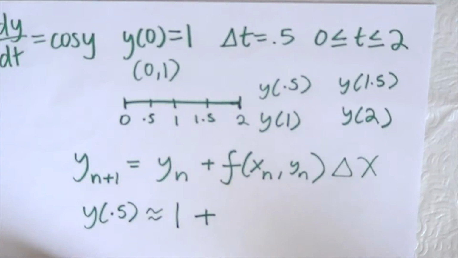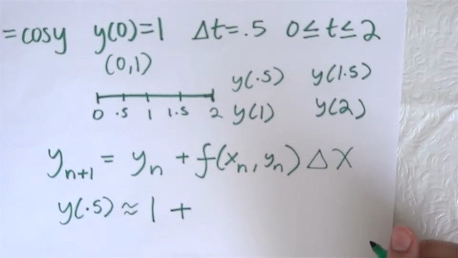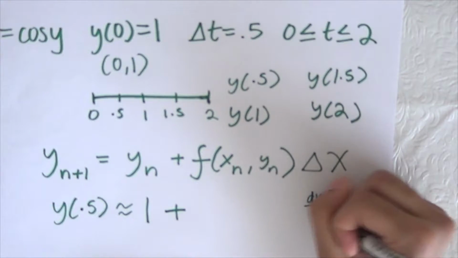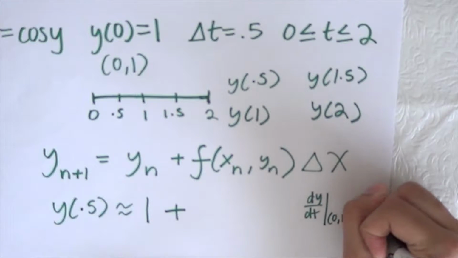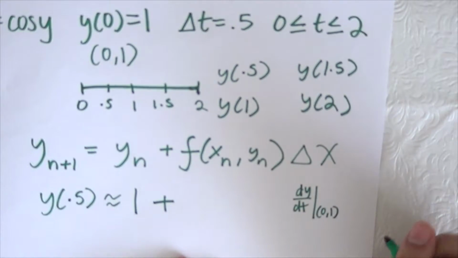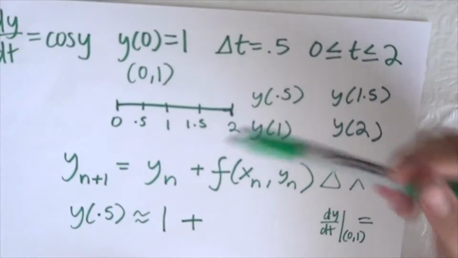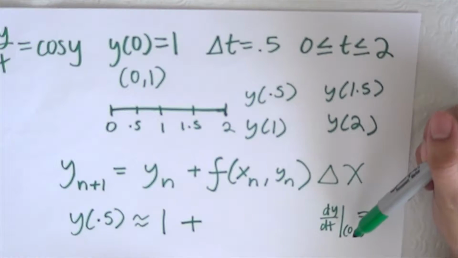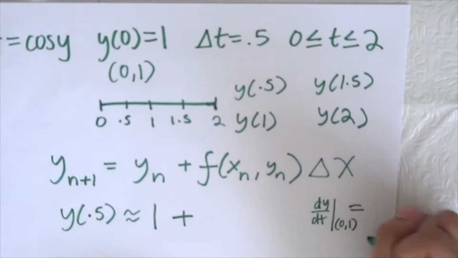So let's find the slope over here. dy/dt at our initial point (0, 1) equals, since our dy/dt does not have a t value, we won't be plugging in the t because it just requires the y, which is 1, so that'll be cosine of 1.